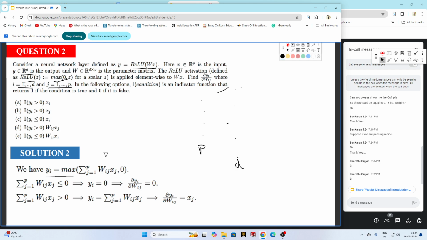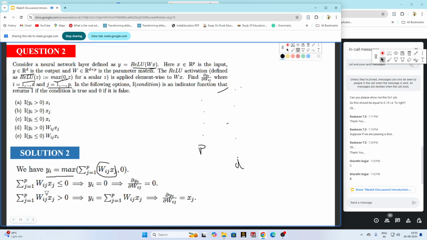First condition: if wij xj is less than or equal to 0, then this ReLU function will be equal to 0, because we know ReLU returns 0 if the input is less than or equal to 0, and if it is greater than 0, it will return the same number.